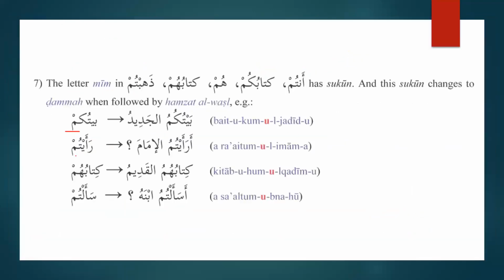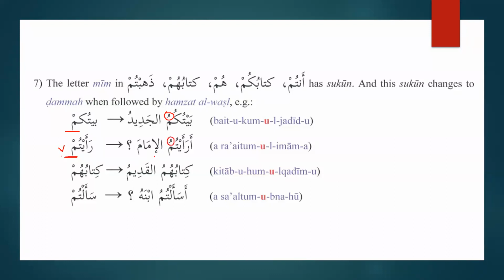So whenever we have a noun or a verb that ends with meem, and you want to connect it, you have to connect it with dhamma. We have learned it already. So baytukum, and you want to say your new house, you will say baytukumul jadidu. Ra'aytum is a verb, and when you want to connect a verb with al, you have to also connect it with dhamma.